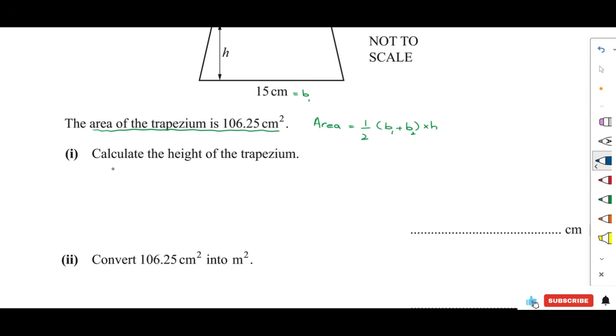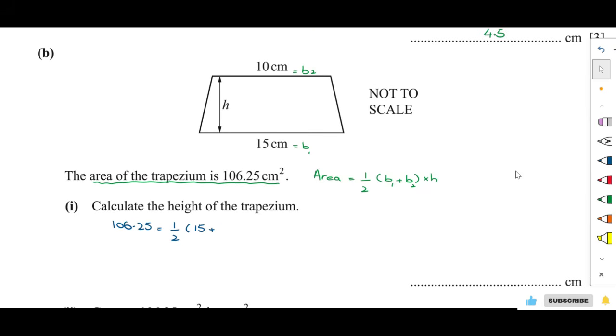Okay, so area is 106.25, and that equals 1 by 2 times the sum of the parallel sides, one parallel side is 15 and the other is, let me move up, it's 10, and the product with the height. So 106.25, and here 10 plus 15 is 25, so this is 25 divided by 2 multiplied by the height.